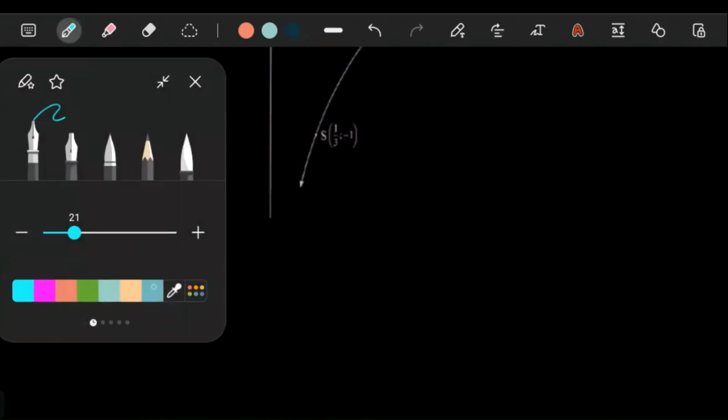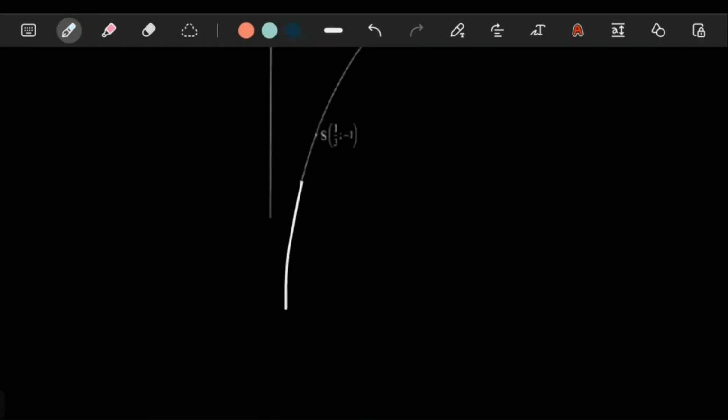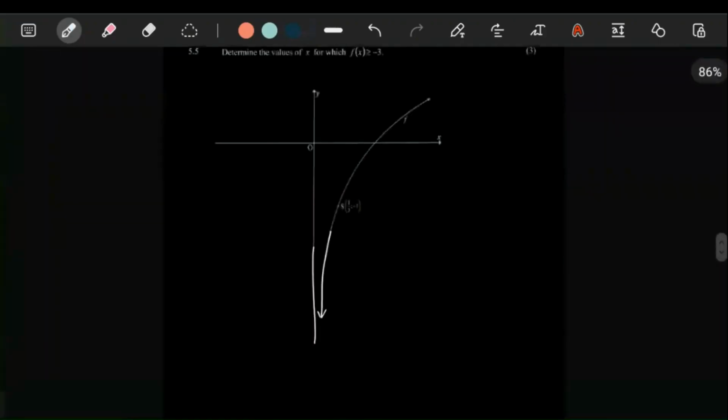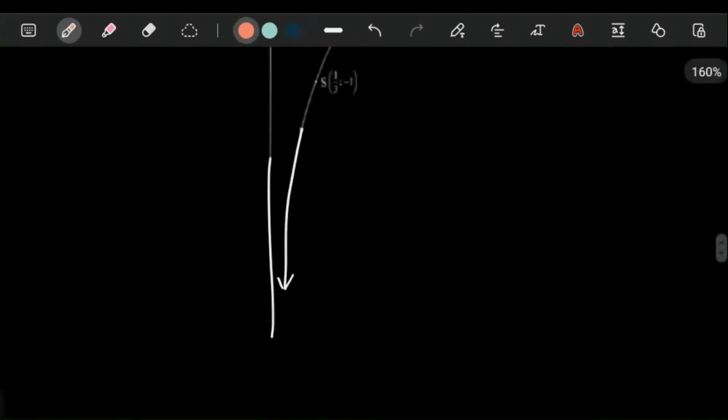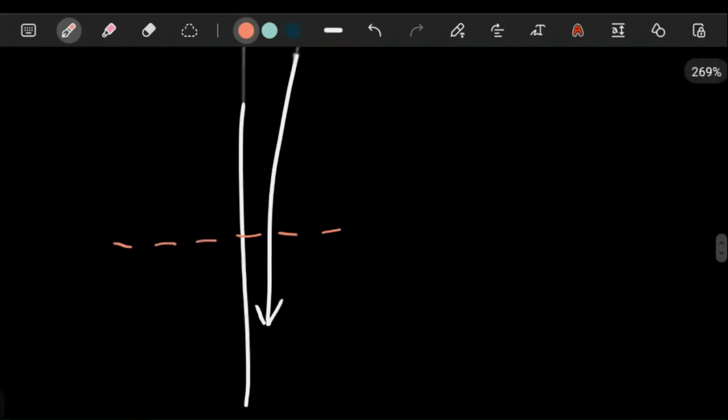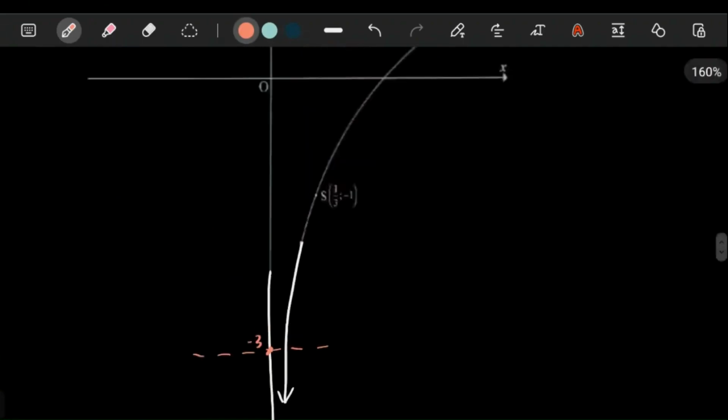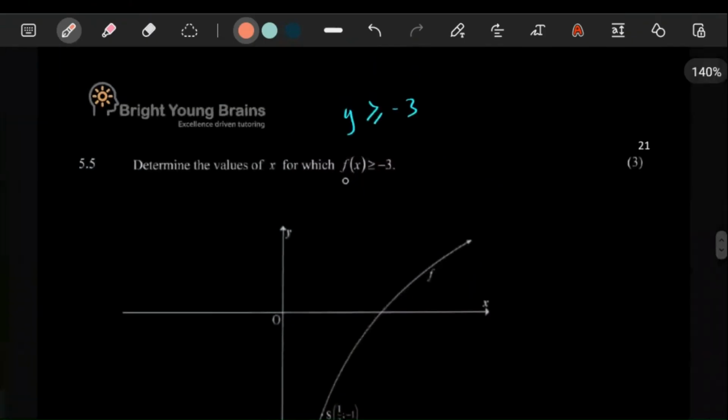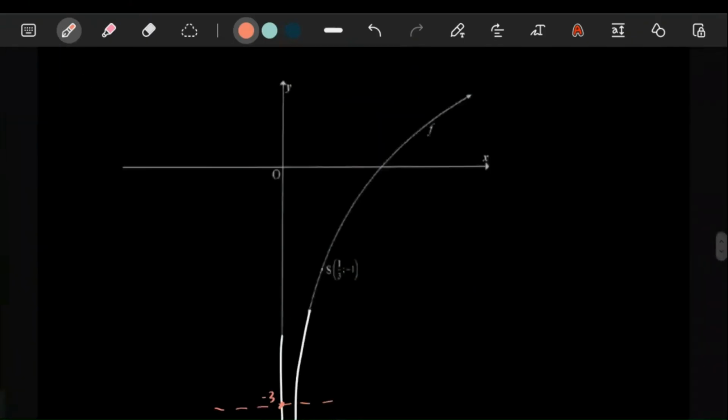And then you can take it from there. You see, so if you look at this picture, what we know is it would just be going down all the way to infinity down there. So somewhere along the lines, you see, somewhere here, maybe the y value here is like -3. So the question is asking, where is the graph of f having y values that are bigger or equal to -3?